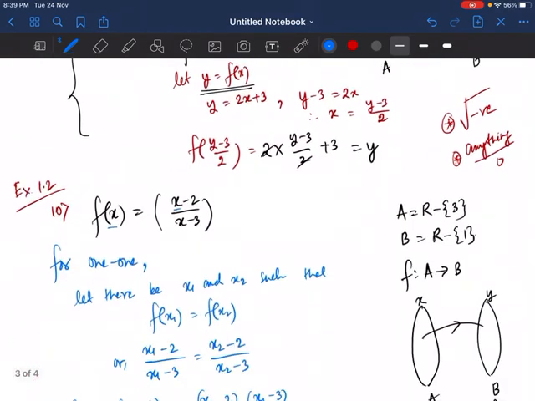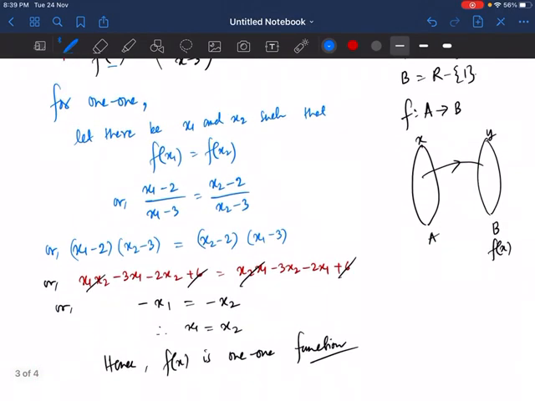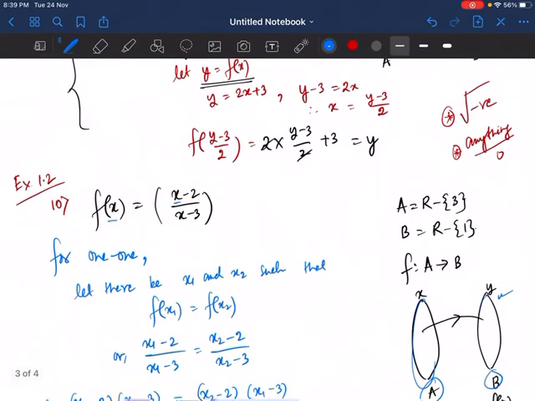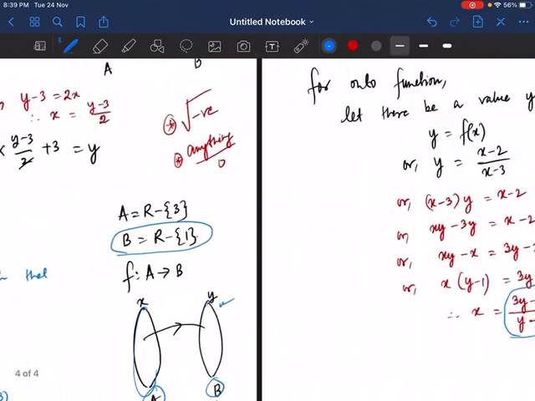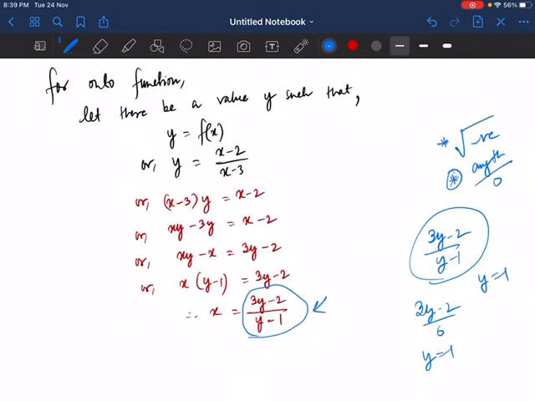So now let's move back. What I told you is that this function is from A to B. The A values are for x and the B values are for y. What is the B value in here? In the B value section, you see that B is equal to R minus {1}. So R minus {1} means one value is rejected, so one value is not present in B. If one value is not present in B, it means the y can never be 1.